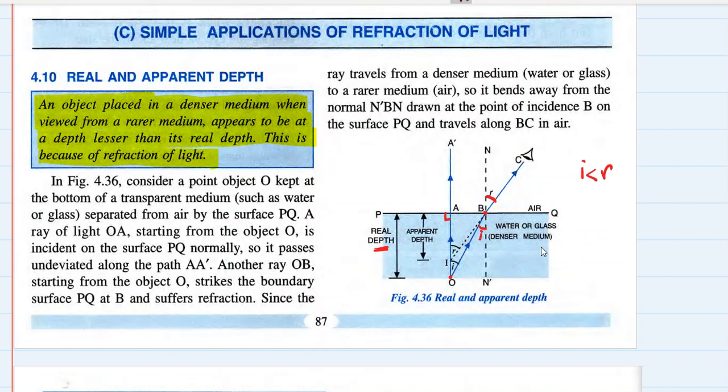But what about this application of refraction? That is, what about the apparent position of the object which is inside the denser medium?